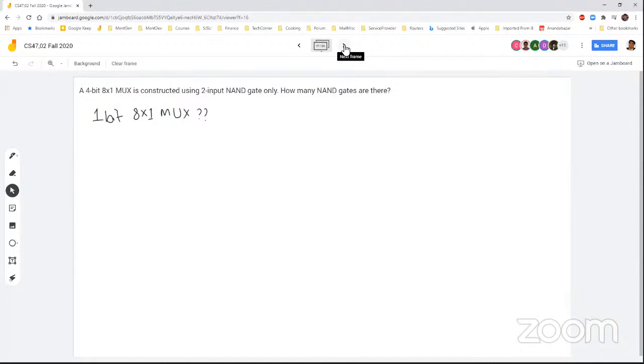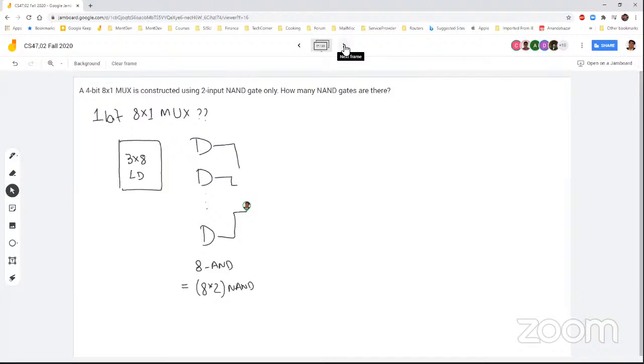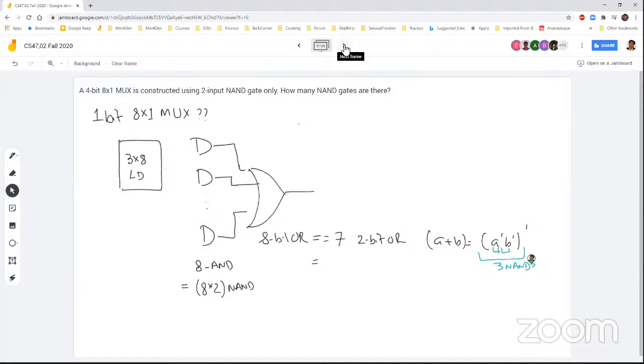So this multiplexer needs a 3x8 line decoder, followed by 8 ANDs, which we can say is 8x2 NANDs, and then followed by an 8-input OR, which we can deduce as equivalent to 7 2-input ORs. Each 2-input OR, A or B, is basically by De Morgan, A bar B bar whole bar, which means we have 1, 2, 3 NANDs in it, in a very crude sense.